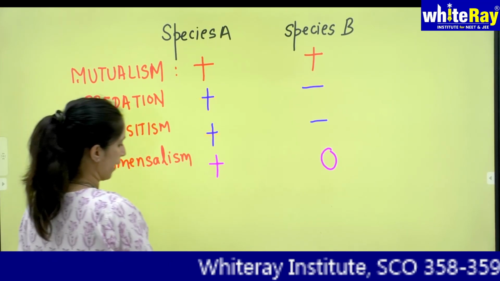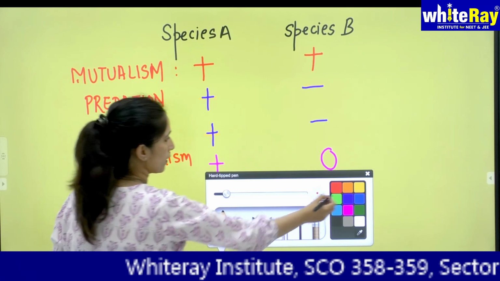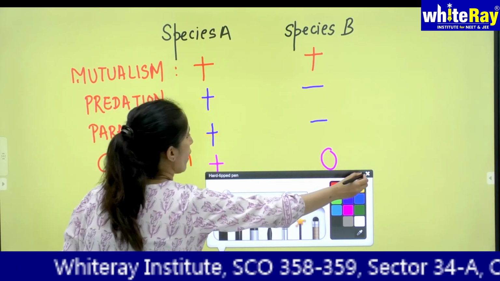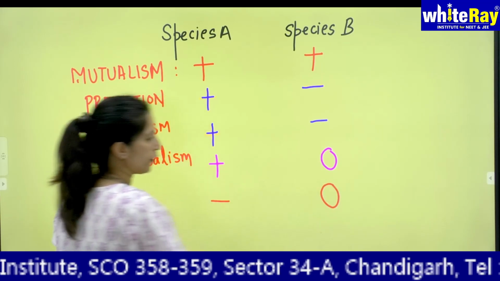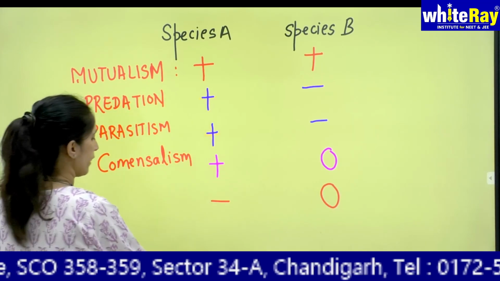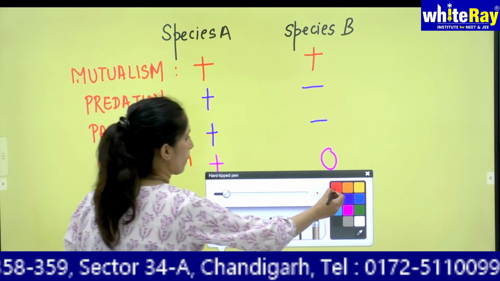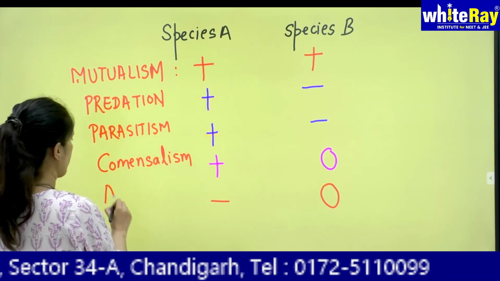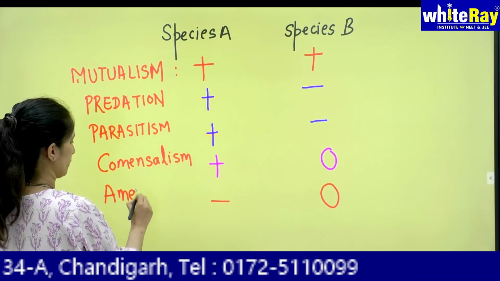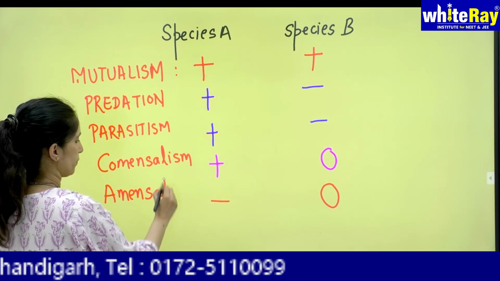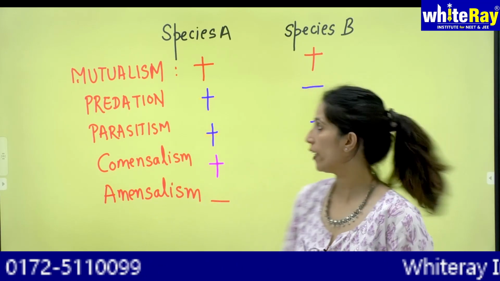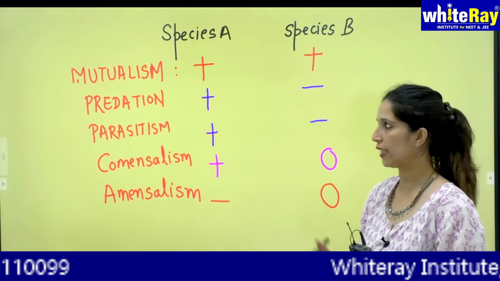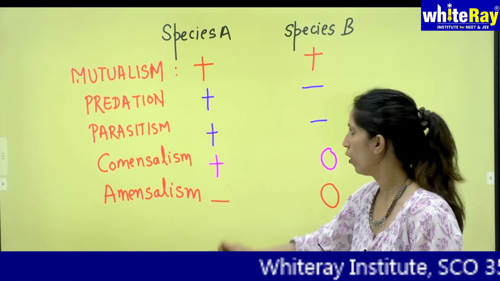And the other interaction is where one is harmed and the other is neither benefited nor harmed. Then we call it as amensalism. Okay, so there are 5 types of interactions that I have written here.